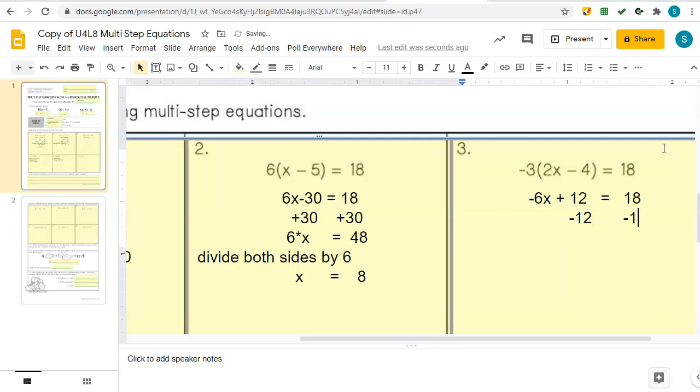And that's going to give us negative 6x, which is, remember, a negative 6 times x, and that's going to equal 6. Well, that's the same as saying x equals negative 1, because we divide both sides by negative 6.